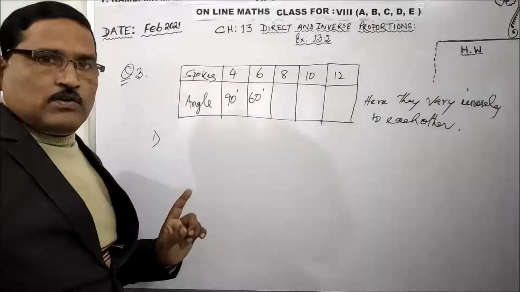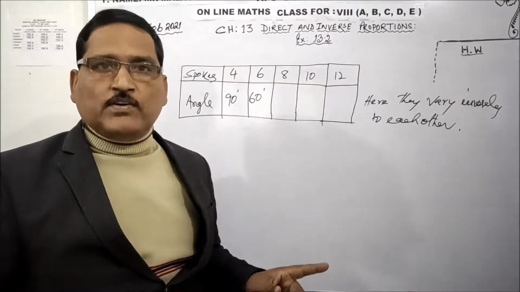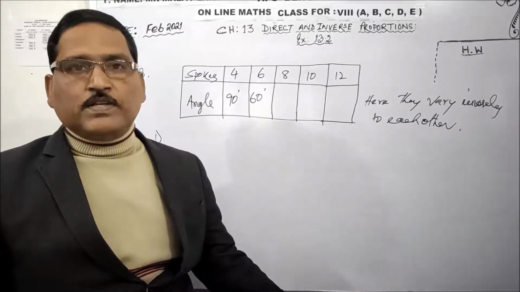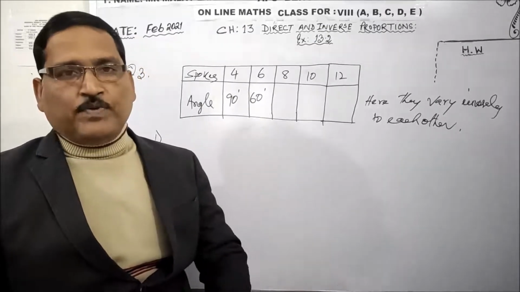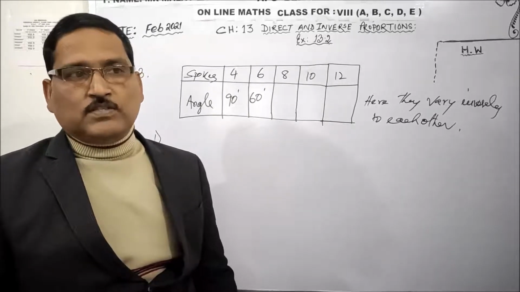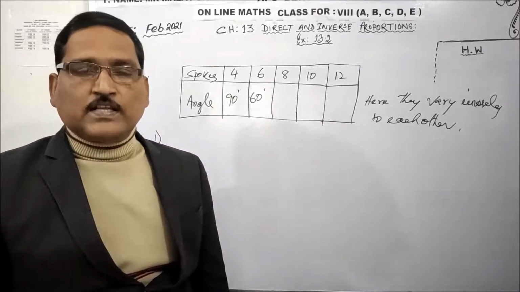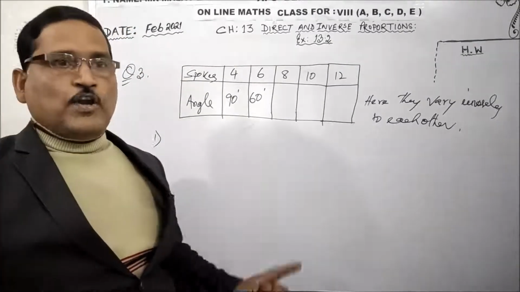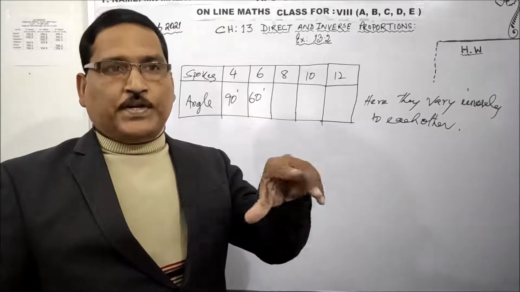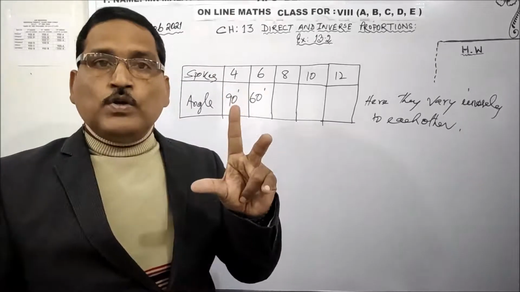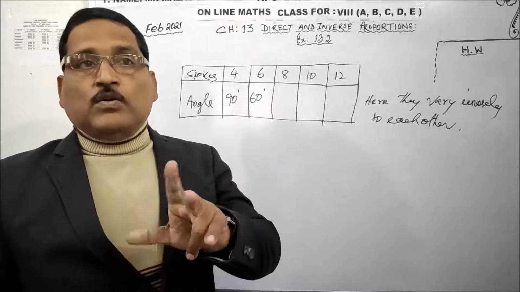Until you are able to understand whether it is inverse or direct, that's why I am telling you: you have only 2 exercises. The first exercise is based on direct variation, the second is based on inverse variation. But in the exam, how will you make out which exercise the question comes from? You have to read the statement properly and ask a question about these 2 quantities. If I increase one quantity, what will be the effect on the other quantity?